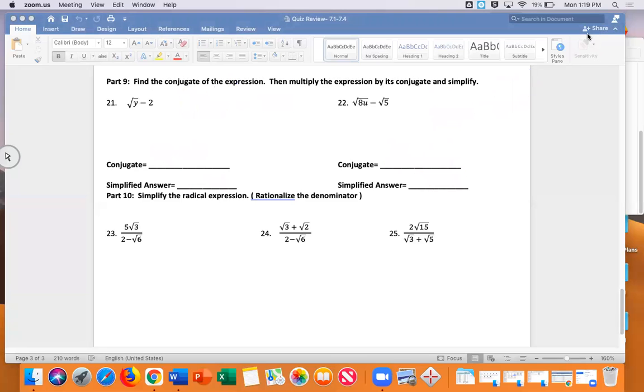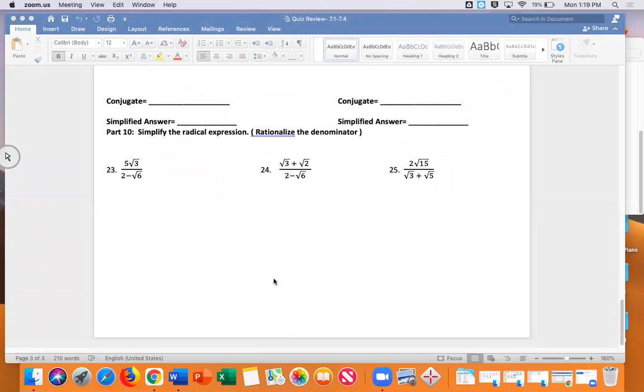Now, the reason why it's useful is when you're simplifying these expressions, we have to rationalize the denominator. All right, in 23, we multiply by 2 plus root 6 over 2 plus root 6.